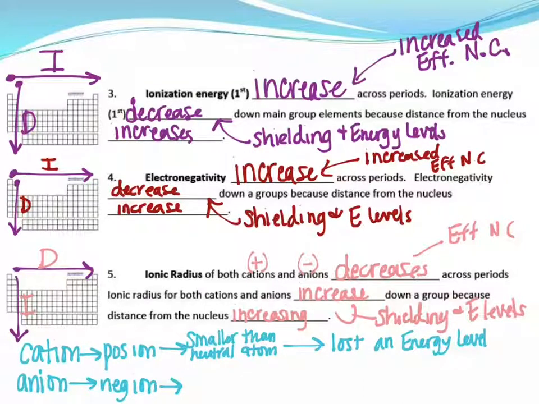All right, oxygen. When I draw its anion, what happens is it gets larger. Okay, so an anion is a negative ion which is larger than its neutral atom.